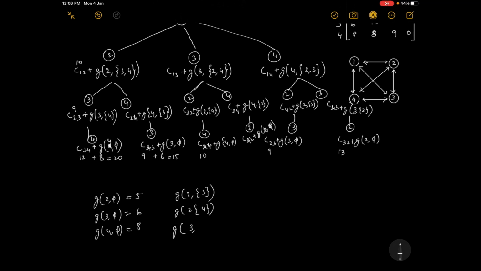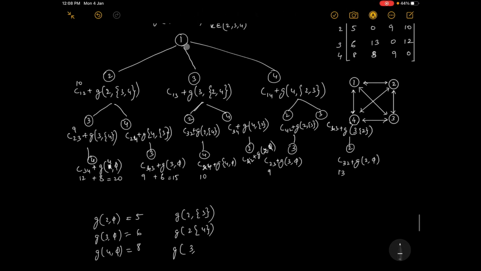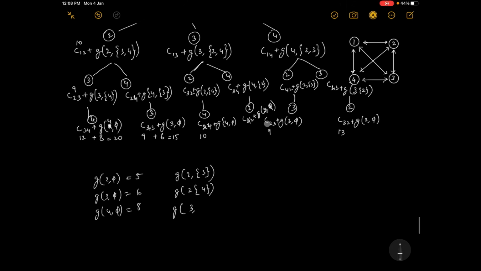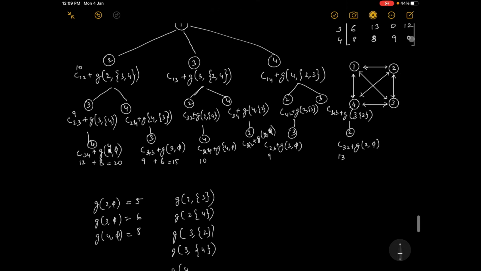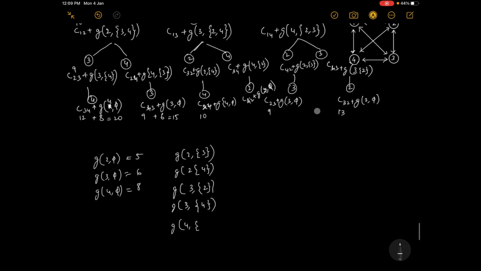Next, if you take 3, 1 is already over. If you take 3, either you will go to 2 or 4. Then if you take 4, this path, either you will go to 2 or you will go to 3.